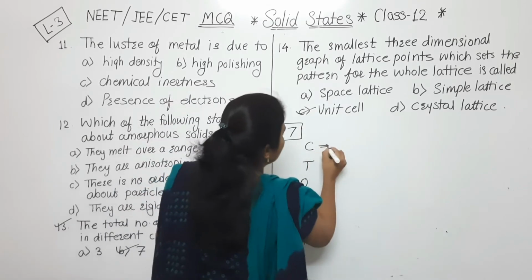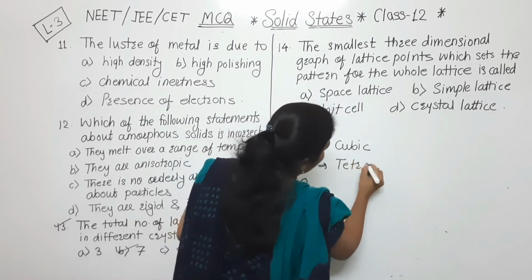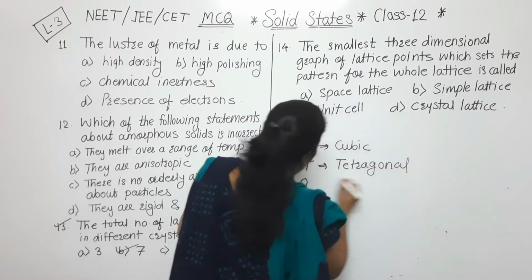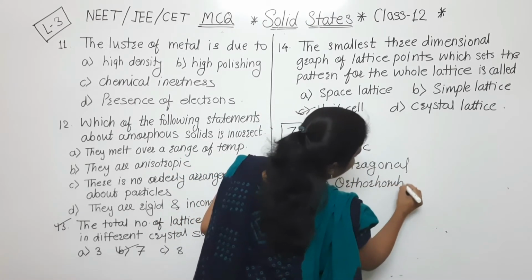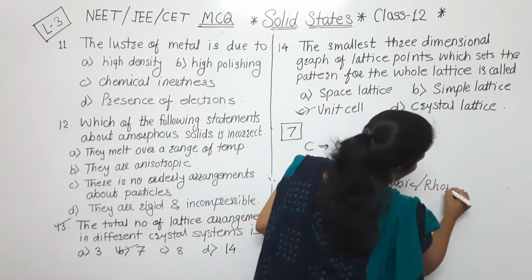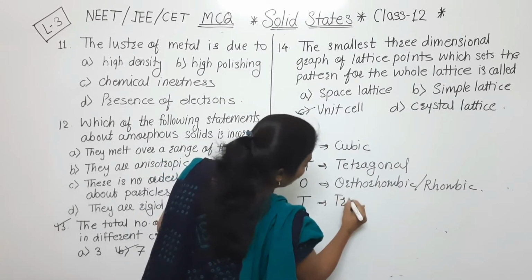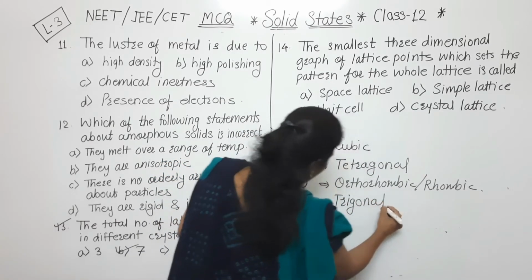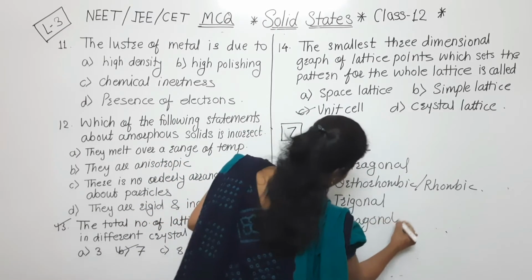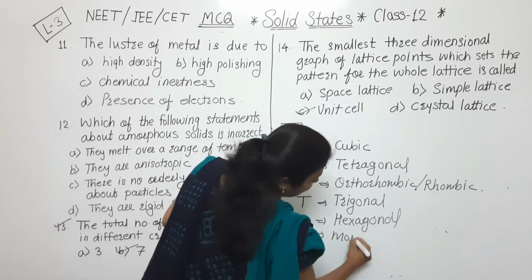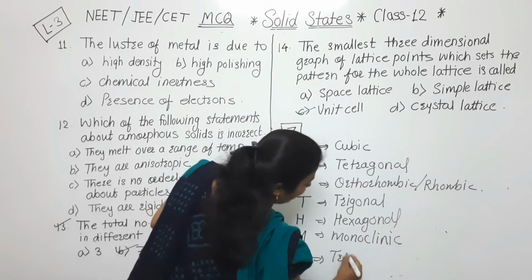Now what is that CTOTHMT? C for the cubic, T for the tetragonal, O for the orthorhombic, or it is also called rhombic, T for the trigonal, H for the hexagonal, M for the monoclinic, and T for the triclinic.